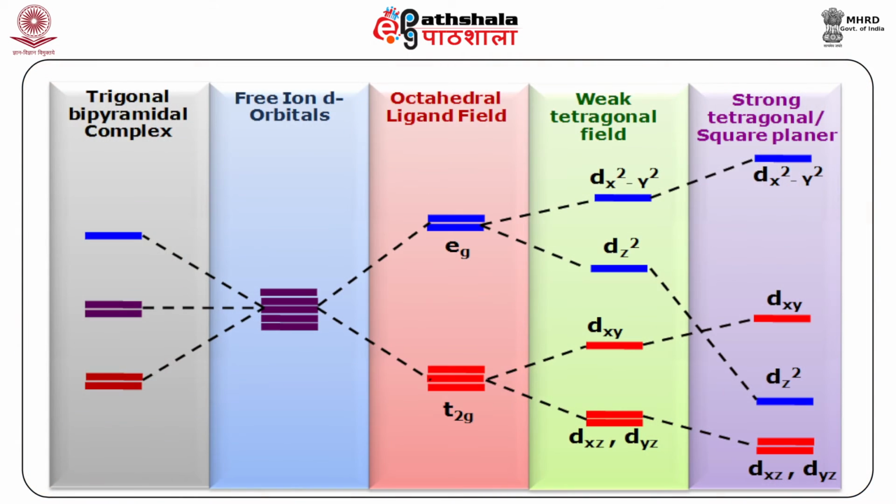In high spin nickel(II) complexes, only the latter type of tetragonal distortion is found, as in mixed complexes of type NiA4B2. The figure represents the change in orbital energy levels as the symmetry is progressively lowered from that of a regular octahedron to a strong tetragonal structure.